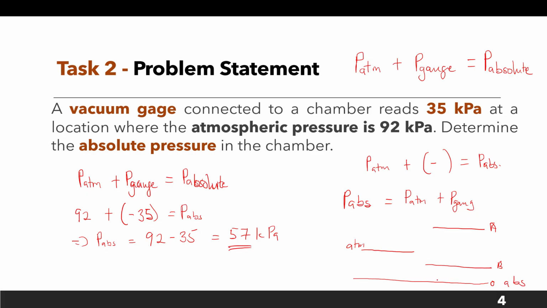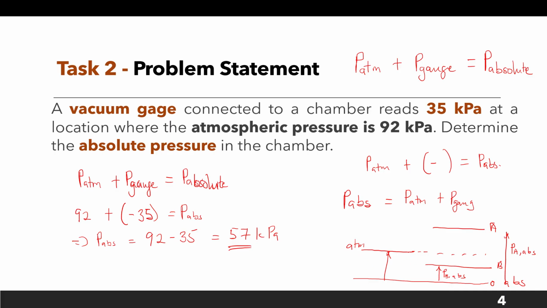If I measure from here to here, I'm measuring from absolute zero, so this gives me PB absolute. If I measure from here to here, that will be PA absolute. Measuring from this to that is the atmospheric, which is an absolute value.